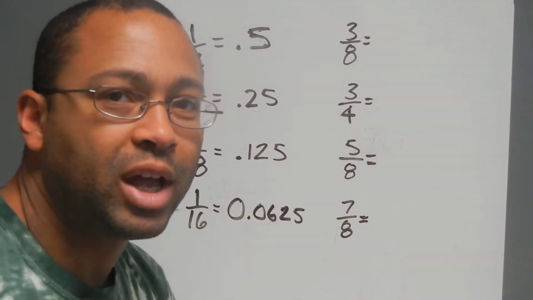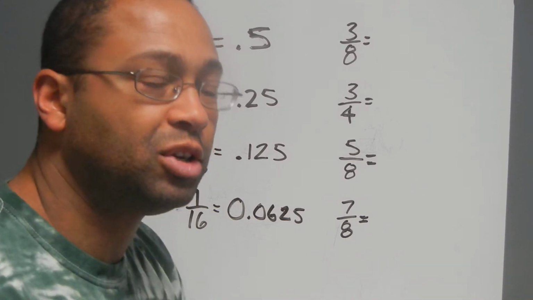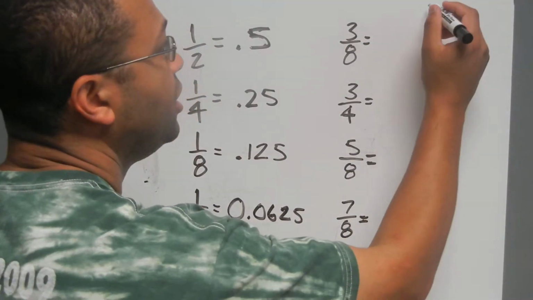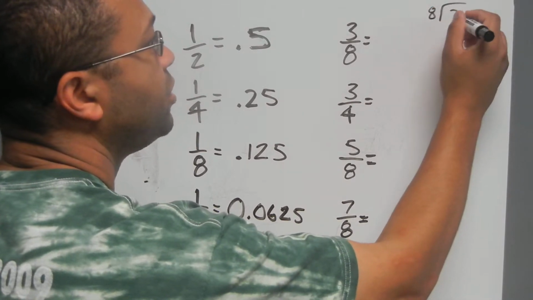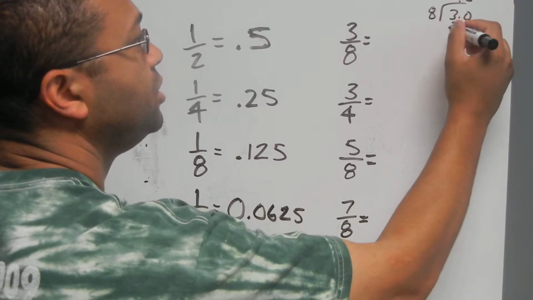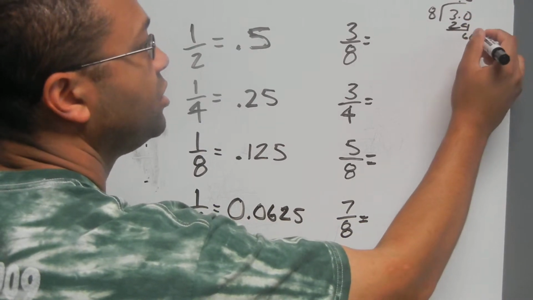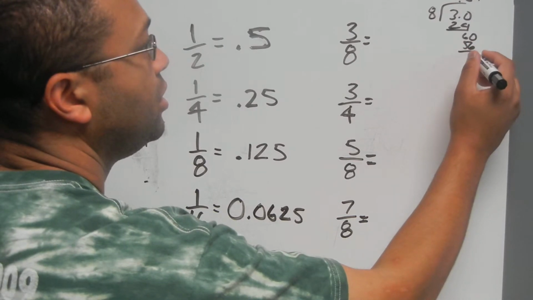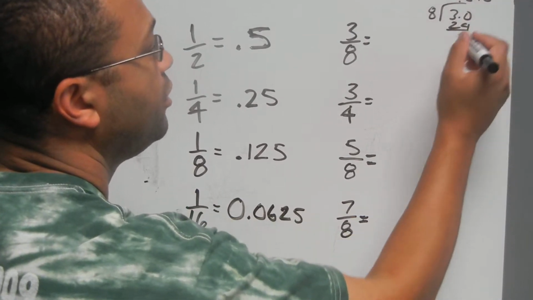3/8. I kind of like 3/8 because it kind of says its name, and I'll show you why. Well, 8 goes into 3 zero times, then 30 is 3 times, 6 remainder, 7 with a 4 remainder and a 5.